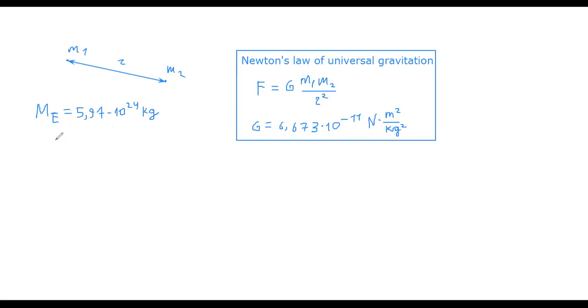And our planet has radius that is approximately equal to 6.37 multiplied by 10 in 6 exponent meters.